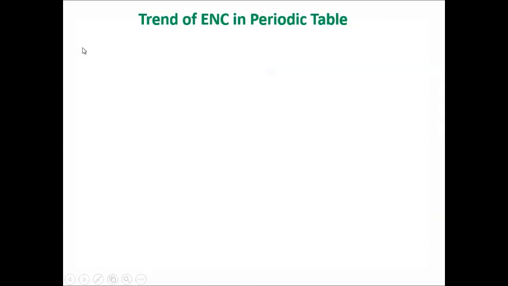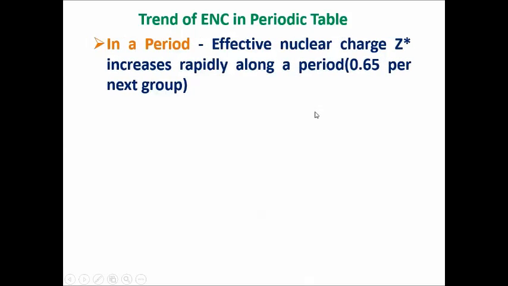If we see the trend of effective nuclear charge in the periodic table along a period, it increases rapidly, by about 0.65 per next group.